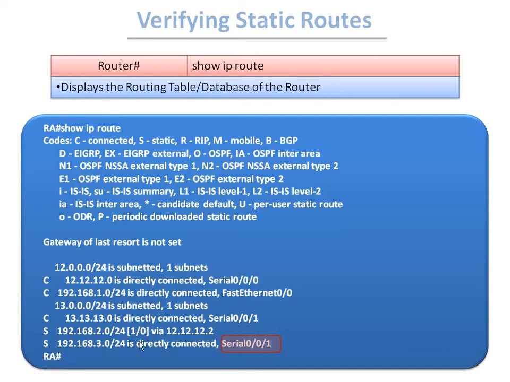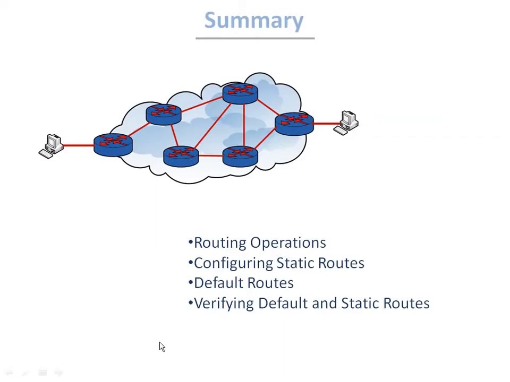And remember, for static routes where you don't specify the next hop IP address but you specify the outbound interface, it will have an administrative distance of 0 and it will appear as directly connected, even though it's actually not directly connected. And you know that because you have an S that stands for static route instead of C that stands for directly connected.